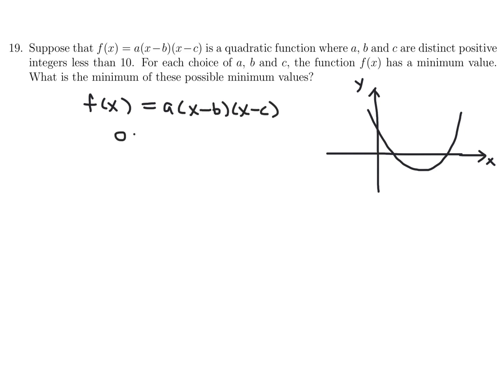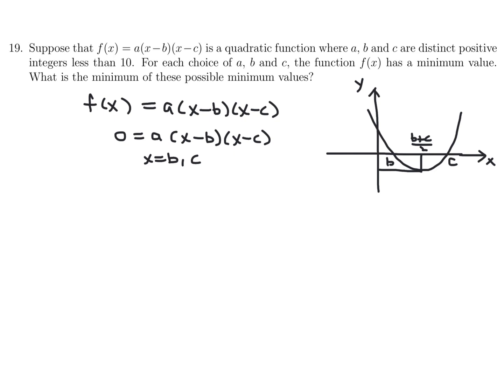If this was set to 0, the roots are x = b and x = c. So let's say this guy is b and this guy is c. In the very middle, which would be (b + c)/2, that would be the vertex, which would give you the minimum value of the function.